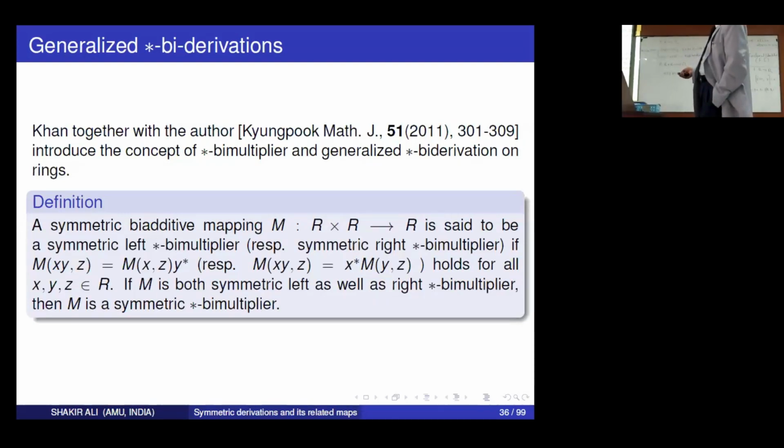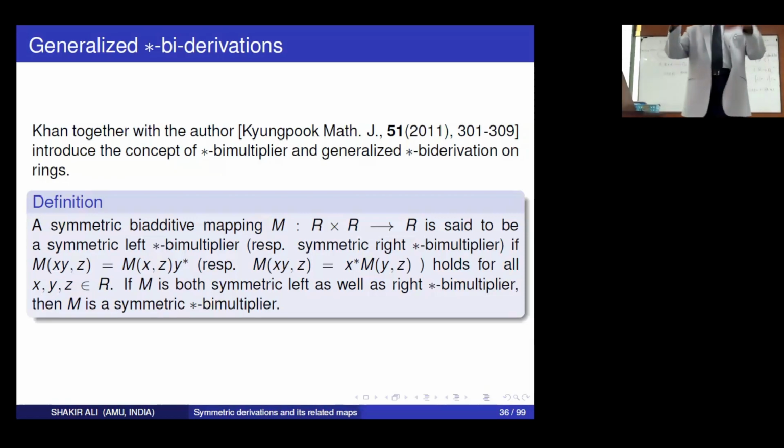Okay, and the ring with this map is called a star ring, or ring with involution. So we use this idea here, that is M(x, y, z) = x M(x, z) by star. So we call it symmetric left star bi-additive, and similarly, right symmetric right star.